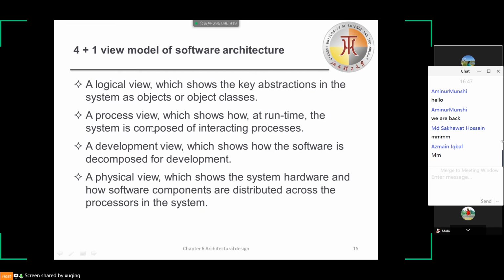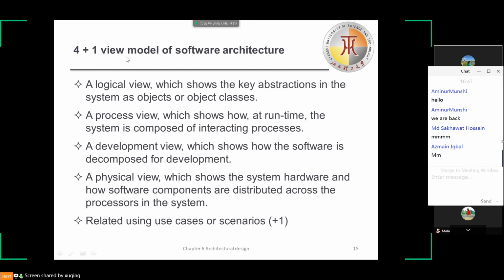But it's not just contrary to the process view, because the process view is rather for some non-functional requirements, and a development view is for the decomposition of the software. And a physical view shows particularly the distribution of hardware and software components across the processors. So here are the 4 views of this model.